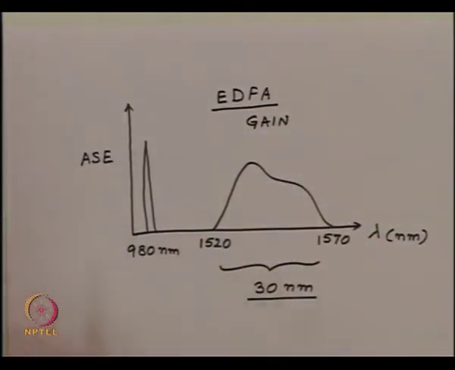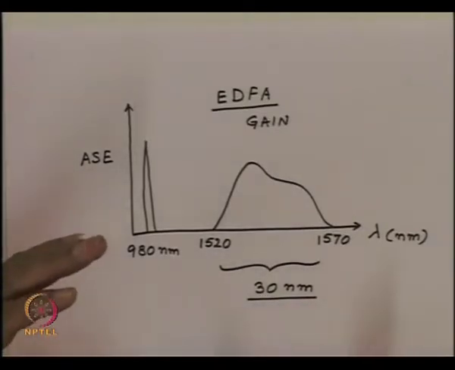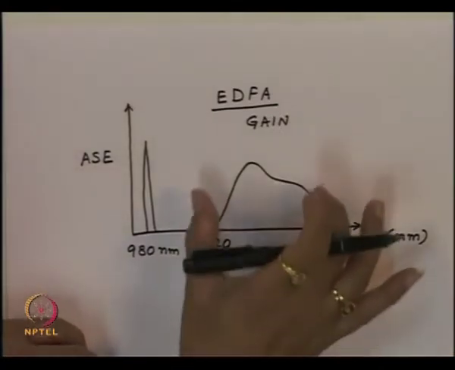So if we use now the standard ITU grid, which we saw yesterday, that every 0.8 nanometer you have to put one wavelength, essentially 30 nanometer divided by 0.8, about 40 channels can be accommodated in this window of the EDFA.